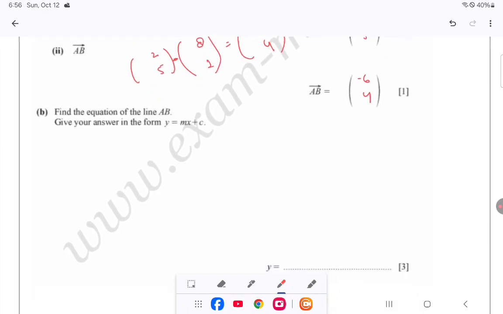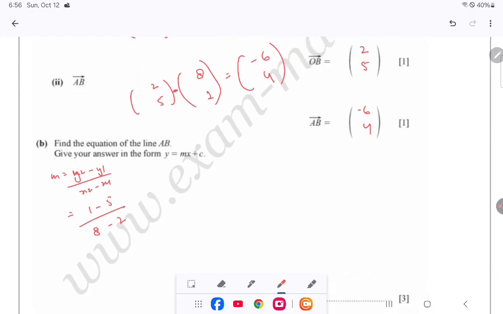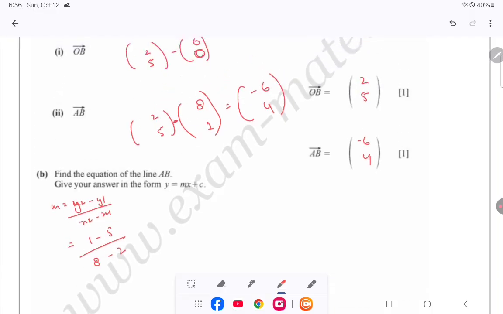First we have to calculate the slope. The slope value is y2 minus y1 over x2 minus x1. Y2 is 1, y1 is 5, 8 minus 2. This is x1, y1, x2, y2.